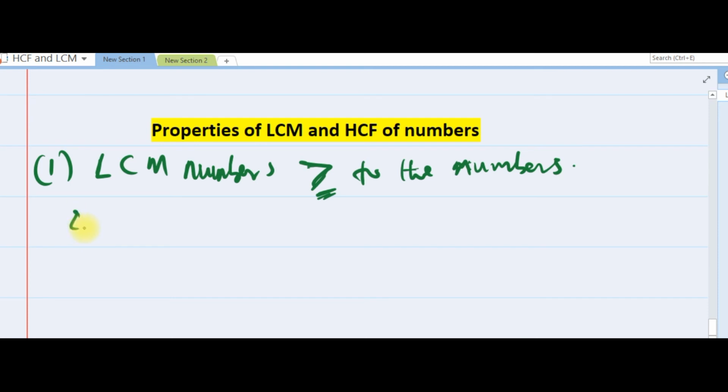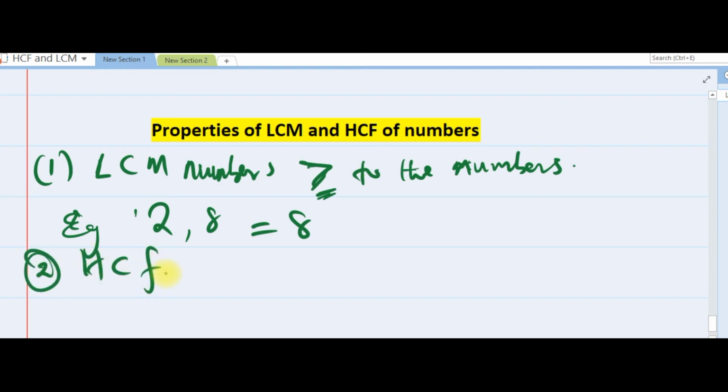For example, if you're asked to find the LCM of 2 and 8, the answer is 8. You notice 8 is greater than 2 or equal to 8. So that's the first property. The second one: the HCF of numbers is always less than or equal to the numbers.